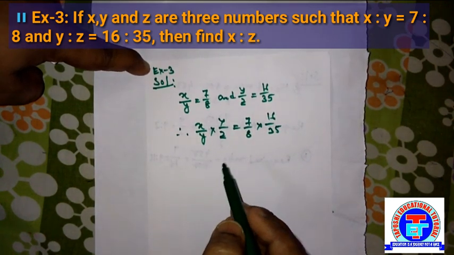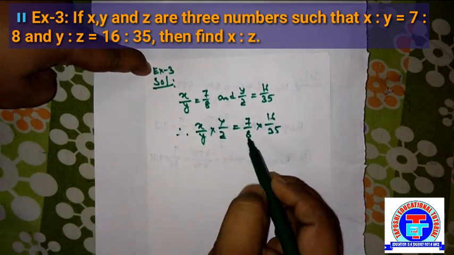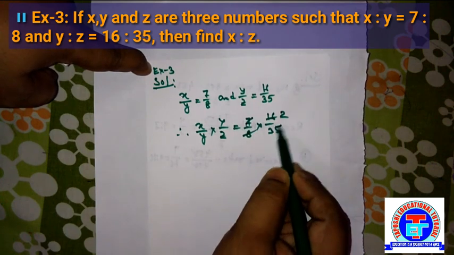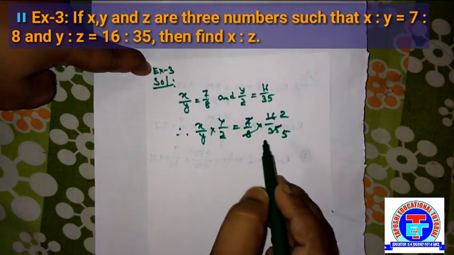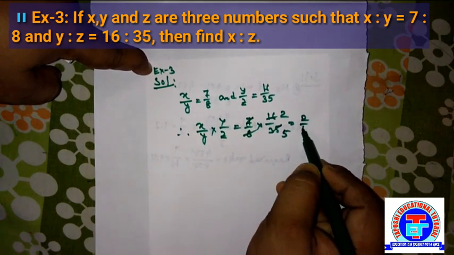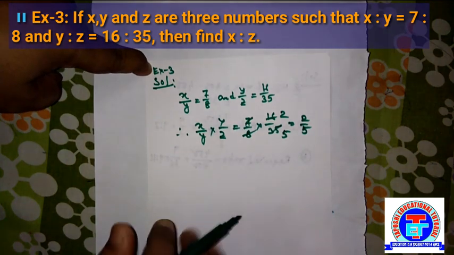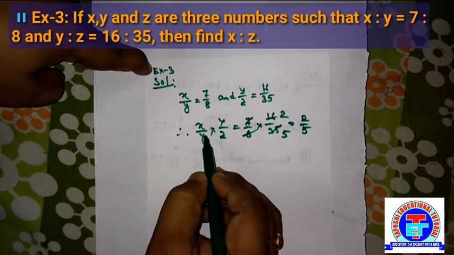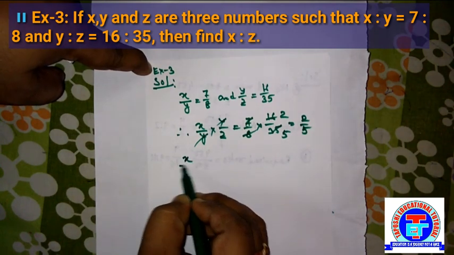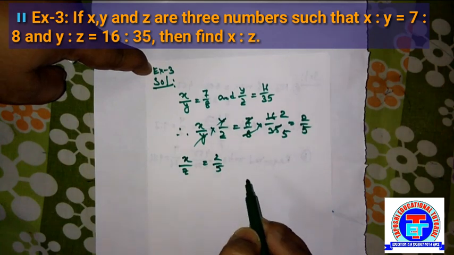This comes to 2 by 5. Y cancels with y, so we write x by z is equal to 2 by 5.